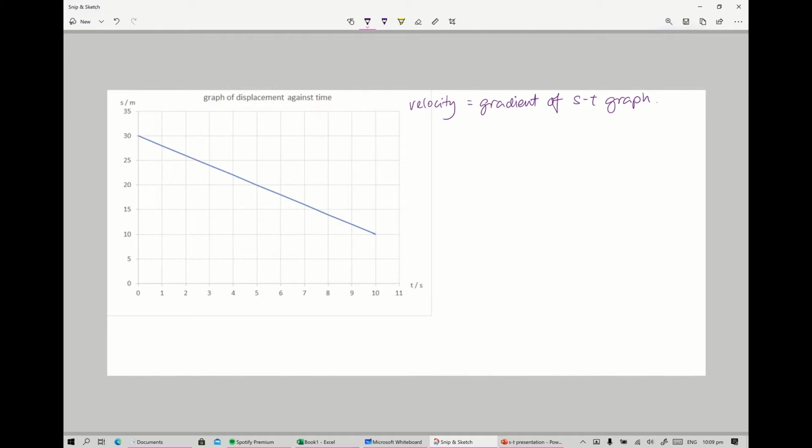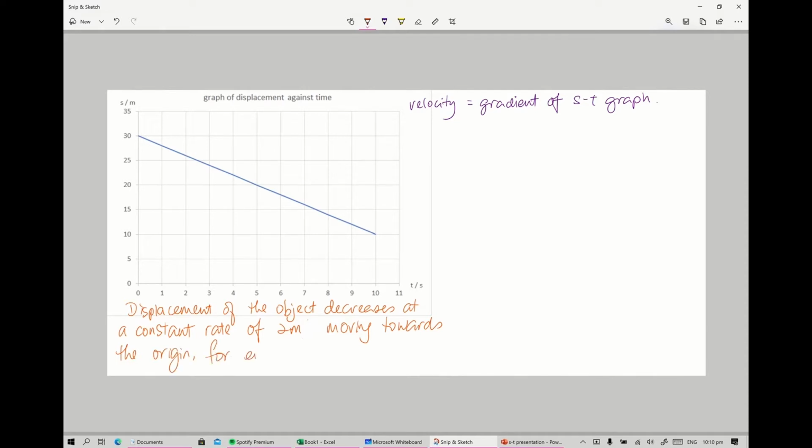And in an earlier video, in order to describe this graph, we have already described this graph as, right, the displacement of the object decreases at a constant rate of 2 meters moving towards the origin for every 1 second.